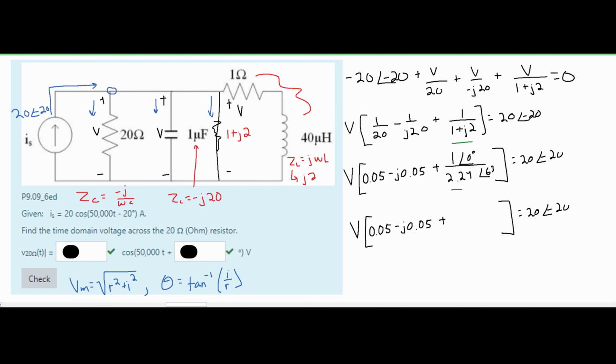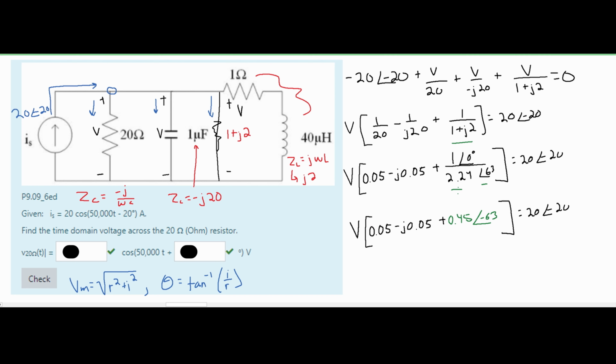From here, we are going to divide our real numbers and then subtract the denominator from our numerator angle. And if we do this, we are going to get 0.45 with an angle of -63 degrees. Now we need to convert this back into rectangular form so that we can add it with this part right here.